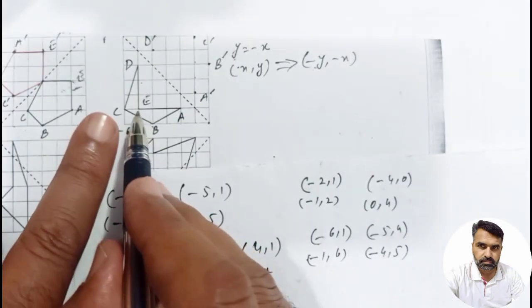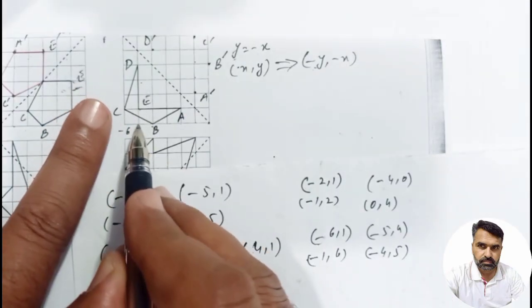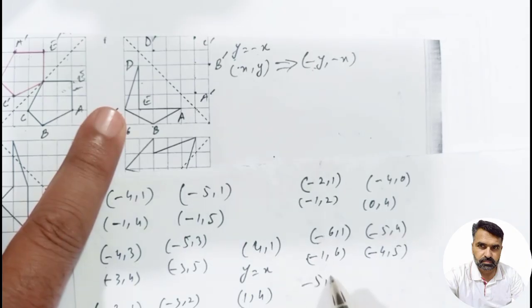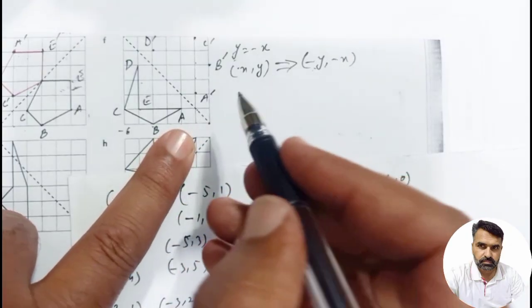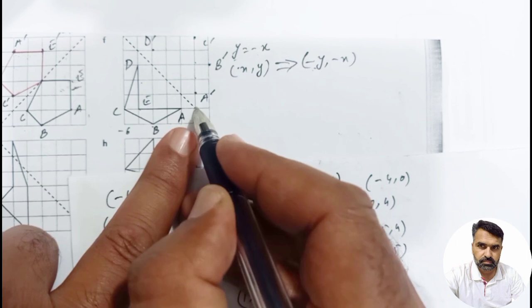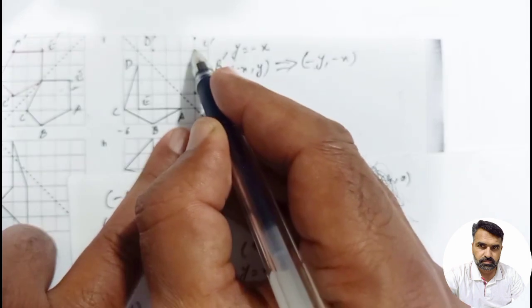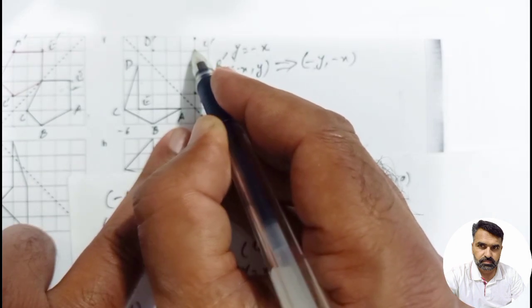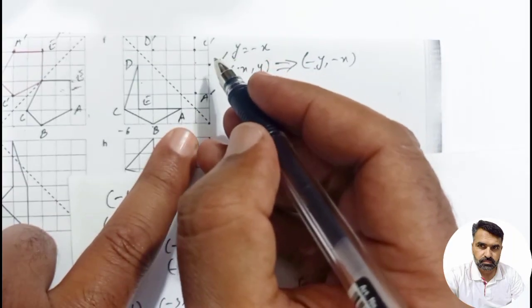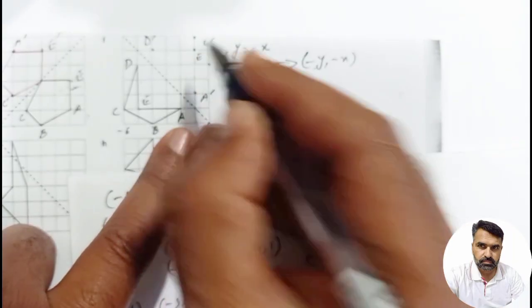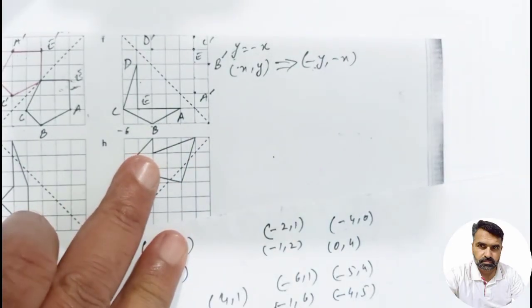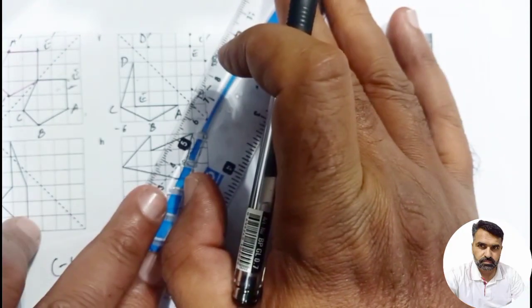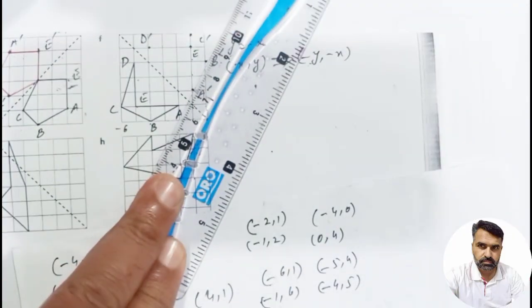And now look at the coordinates of point E. -5 and 1 will be changed into -1 and 5. This point is E prime. Now students, we will join A prime and B prime, and I will use red ink.